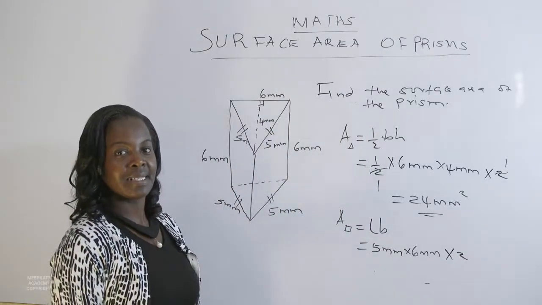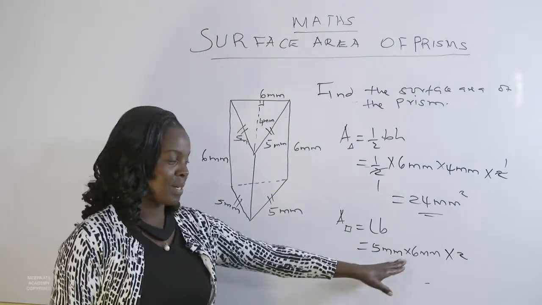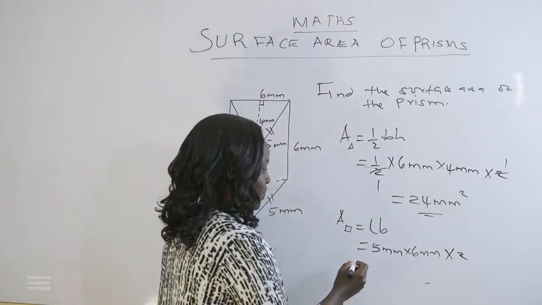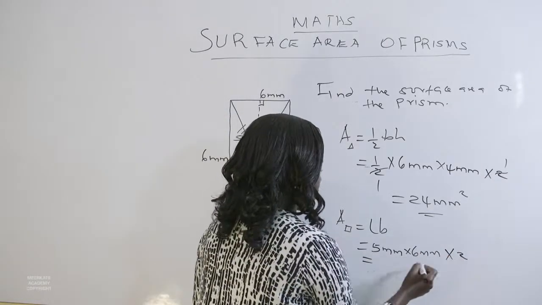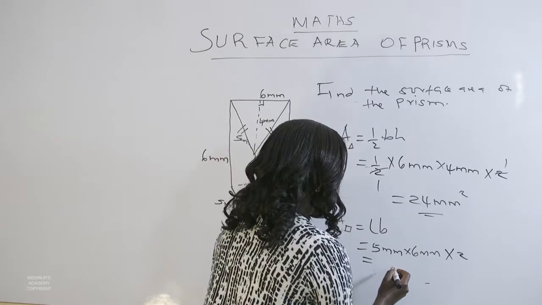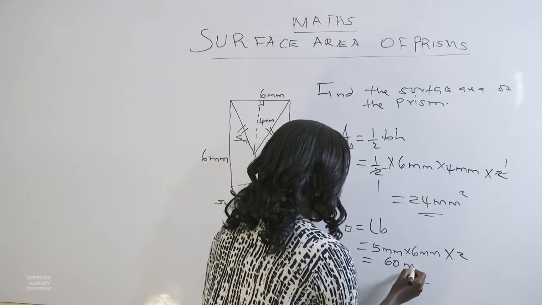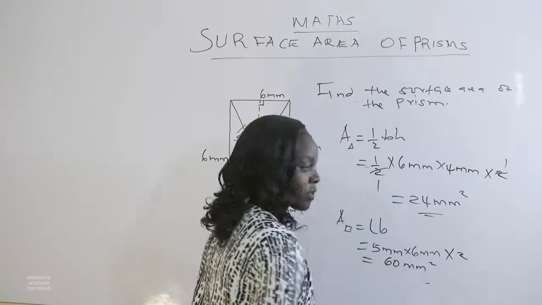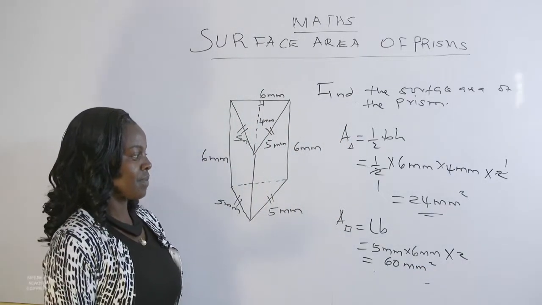Instead of calculating the area separately, we just multiply by 2. 5 times 6 times 2 will give us 60 square millimeters.